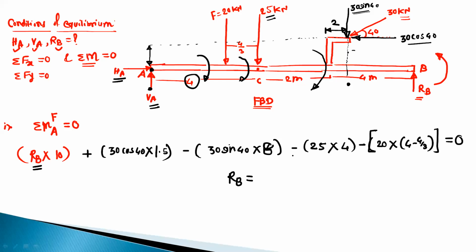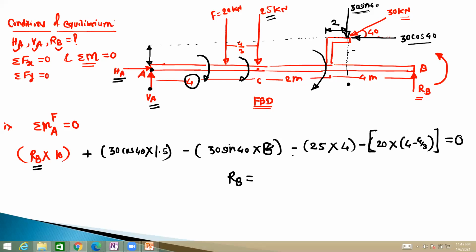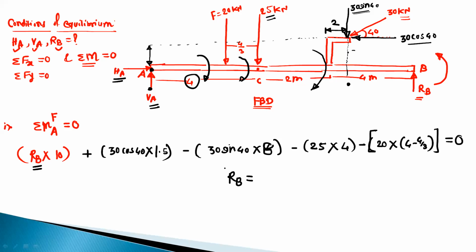If you solve this complete equation, then you will get the reaction RB, which is equal to 27.31 kilonewton. Okay. So you can check the answer. Reaction RB is 27.31.